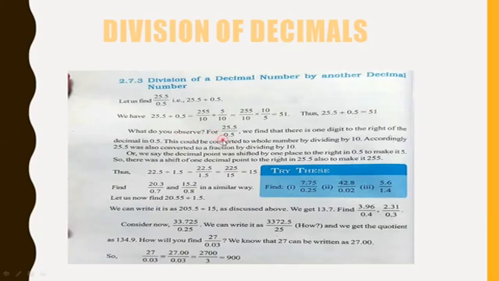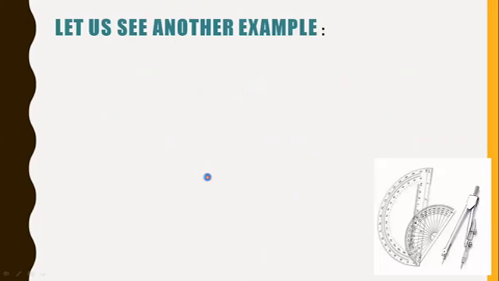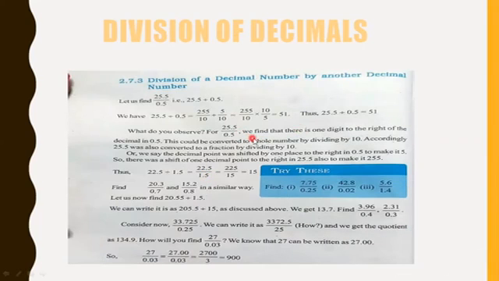So what do you observe? For 25.5 by 0.5, we find that there is one digit to the right of the decimal in 0.5. This could be converted to a whole number by multiplying by 10, and accordingly 25.5 was also converted by multiplying by 10.